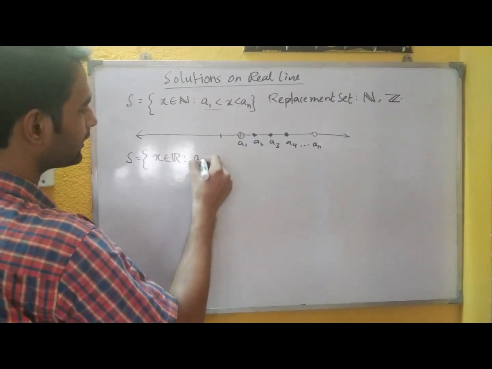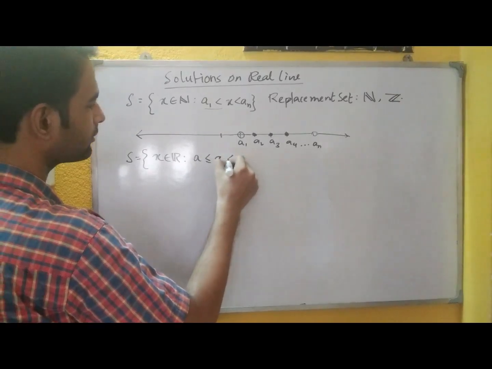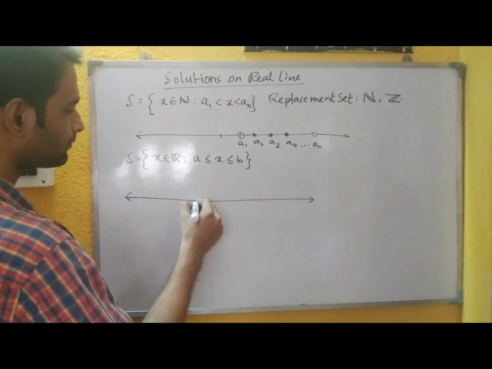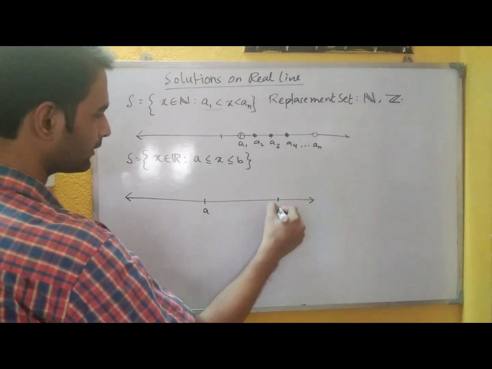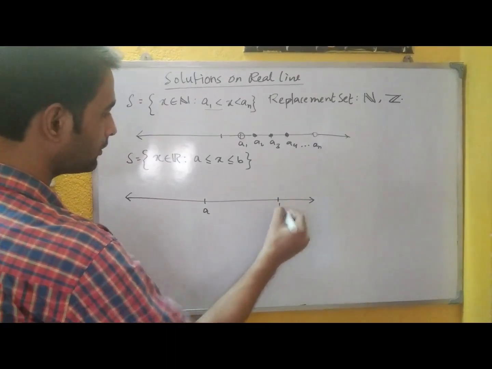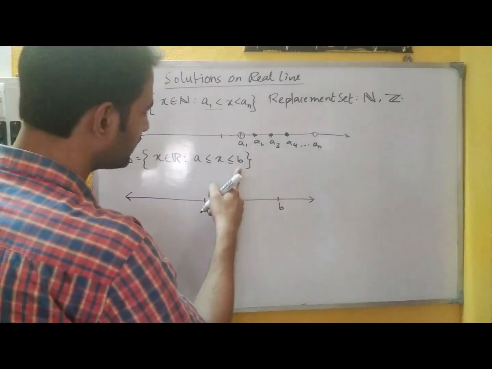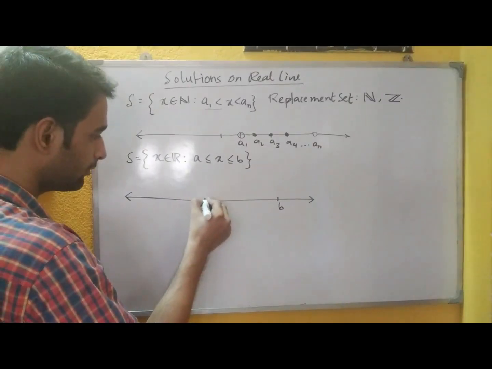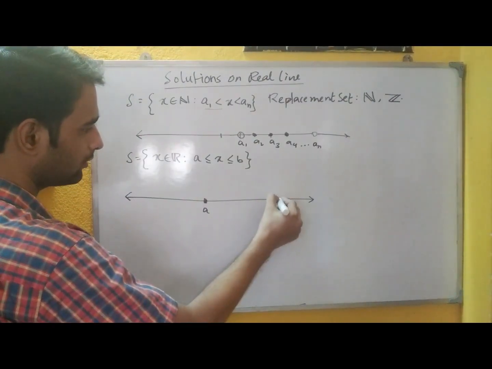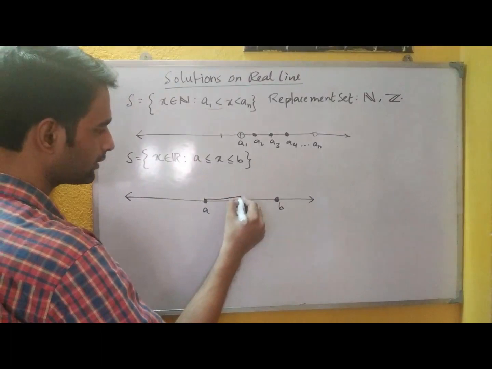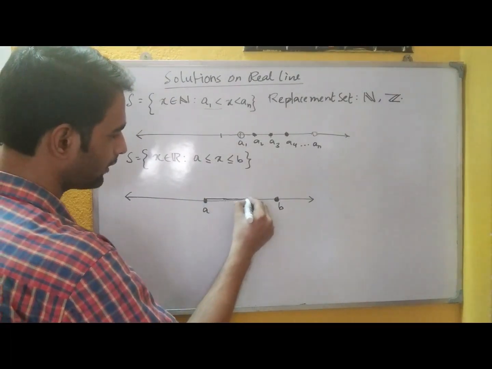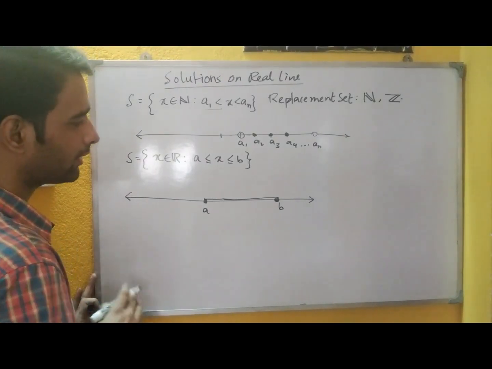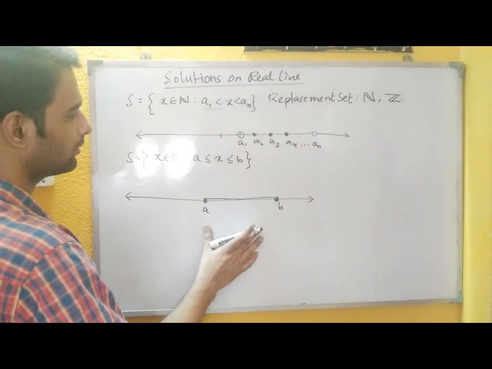X belongs to R such that A less than or equal to X less than or equal to B. Then on the real line, somewhere it is A and somewhere it is B. If both the points are included, that is, with a less than or equal sign, then you will darken the points and then join the points using a straight line above the real line. So it will look better that this is your solution interval.